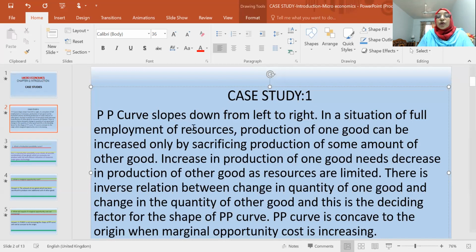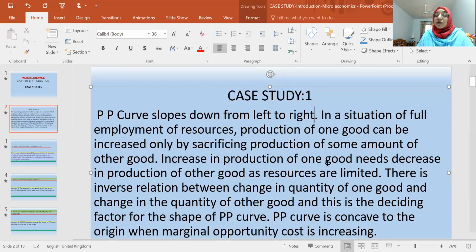PP curve slopes down from left to right. The first statement is saying PP curve, the production possibility curve, slopes down from left to right. In a situation of full employment of resources, production of one good can be increased only by sacrificing production of some amount of the other good.